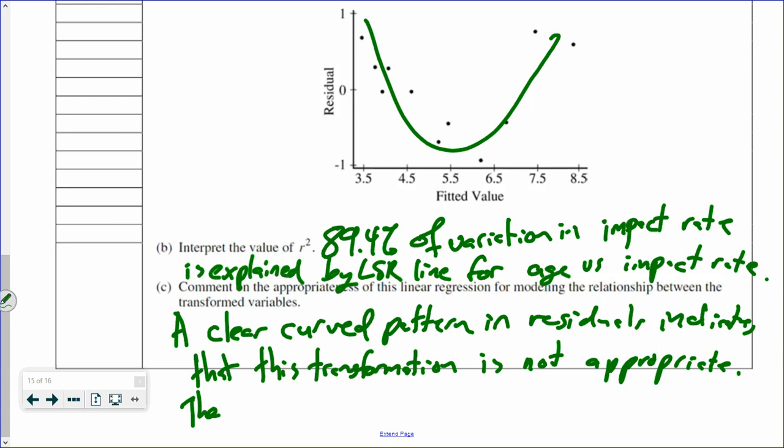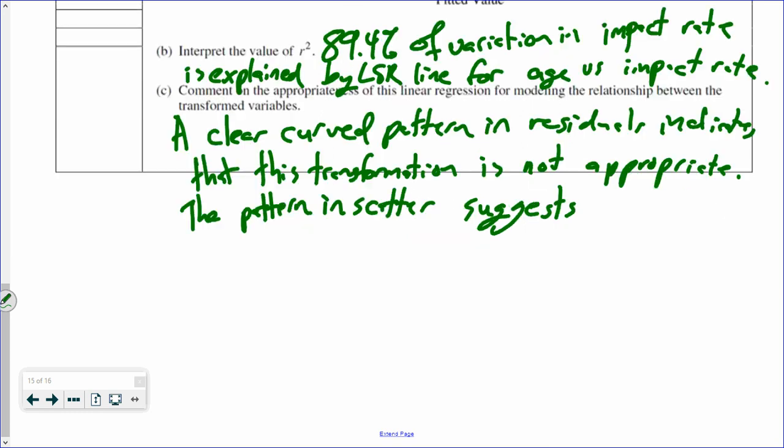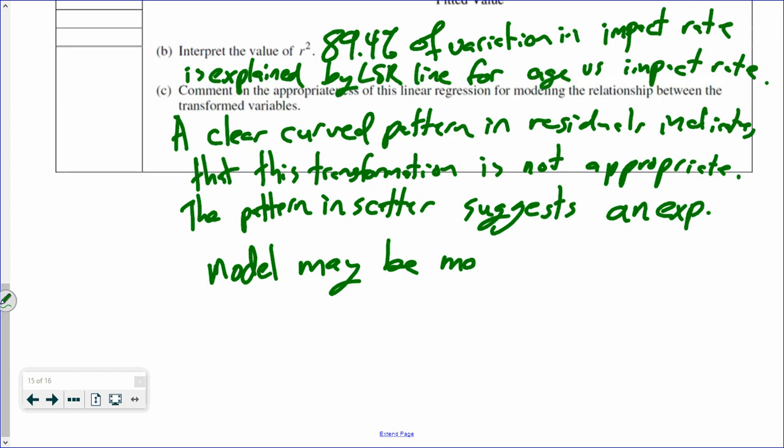The pattern in the scatter plot suggests, I'm going to extend the page, an exponential model may be more appropriate.